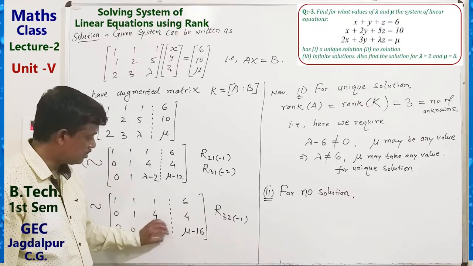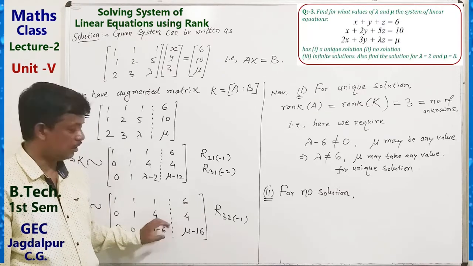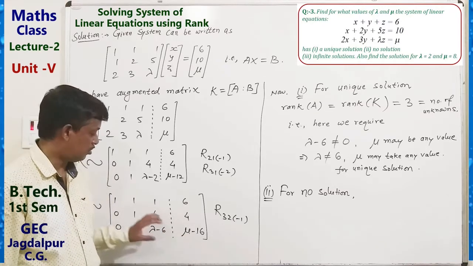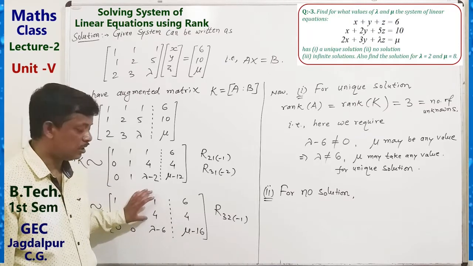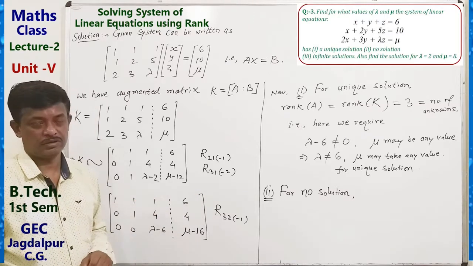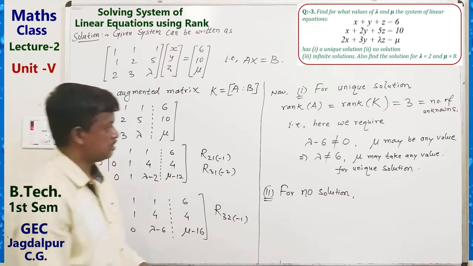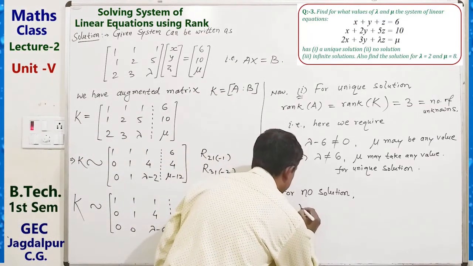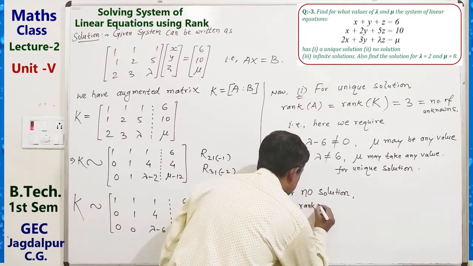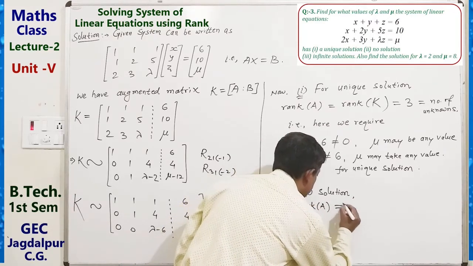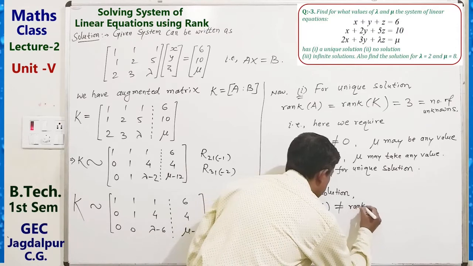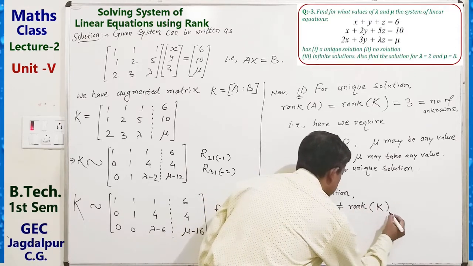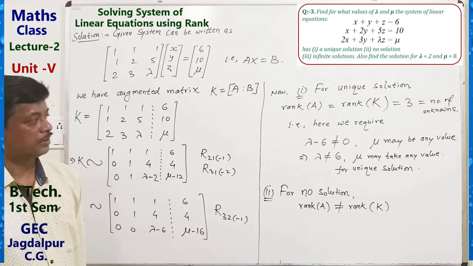So if we take this as 0 and this as not 0, then the rank of A will be 2 and the total rank 3. So for no solution, rank of A is not equal to rank of K.